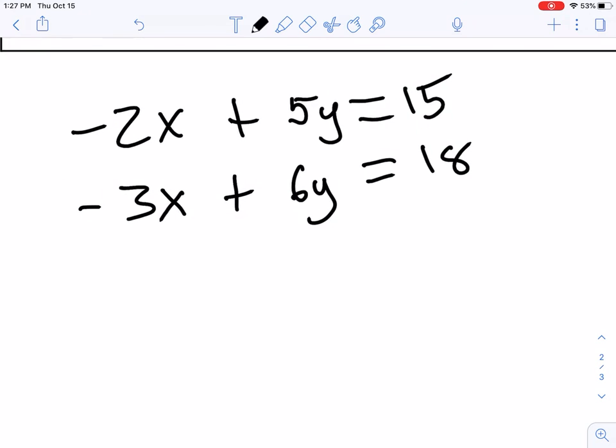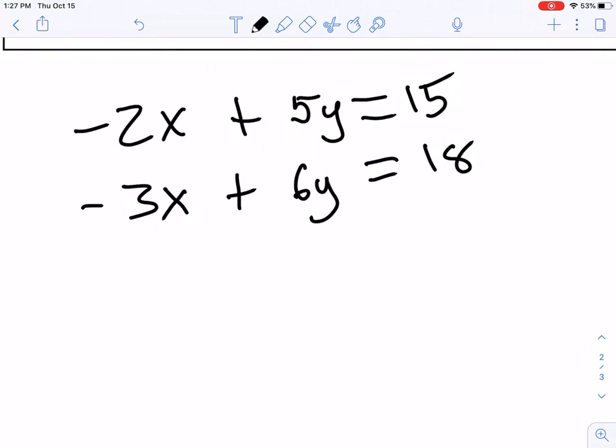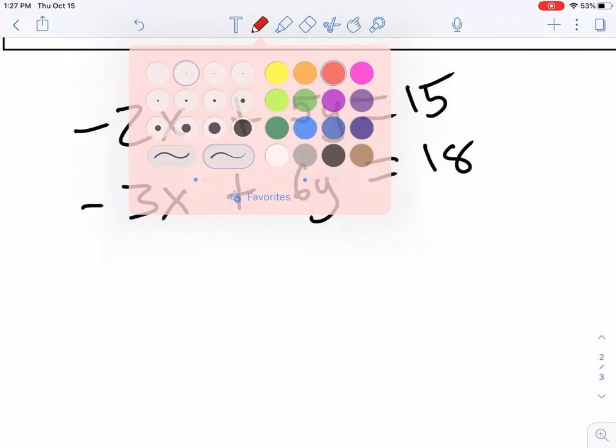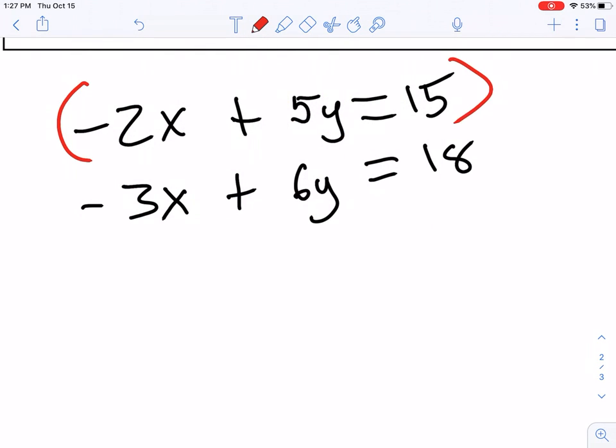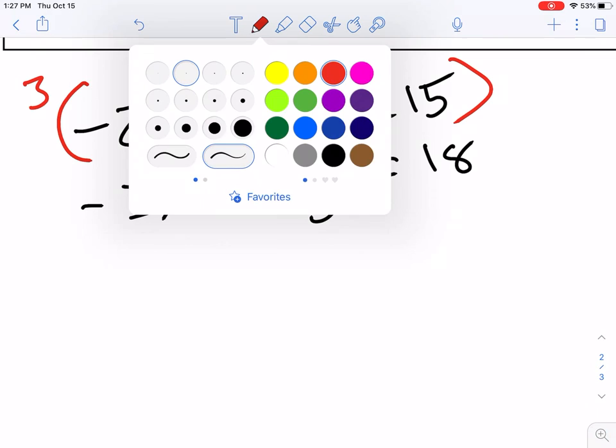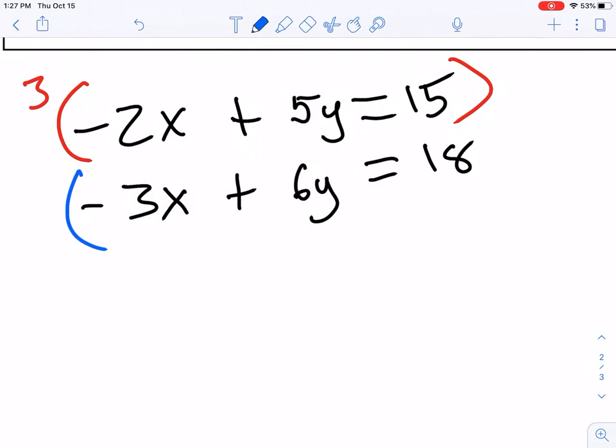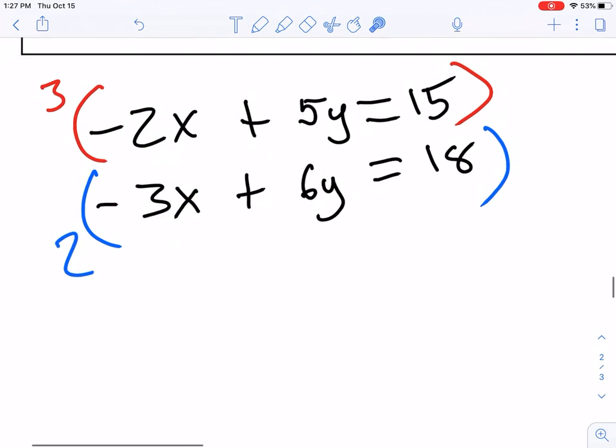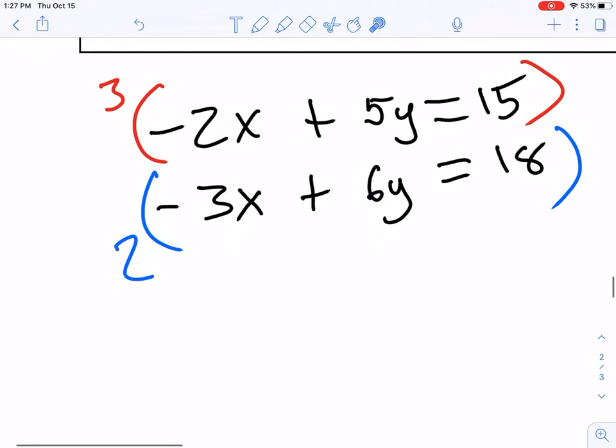Okay, just an example. And if I wanted to get rid of my x's, for my top equation, I can multiply by 3. And my bottom equation, I can multiply by 2, right? And that's going to turn that into a 6 and that into a 6, so they'll have the potential to cancel out. The problem is that one of my signs needs to change as well.